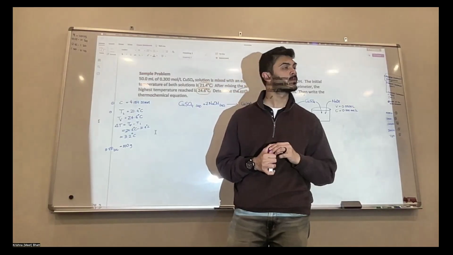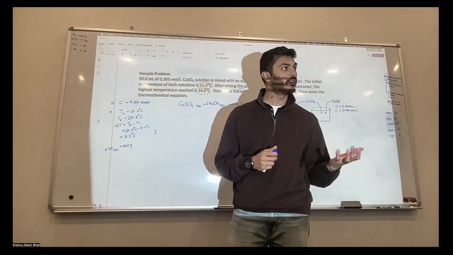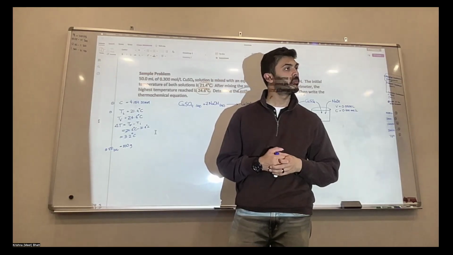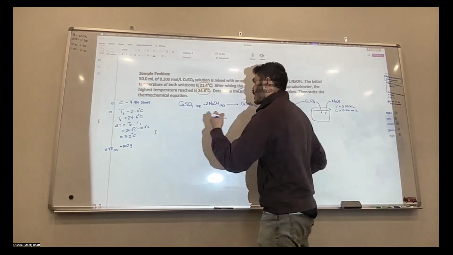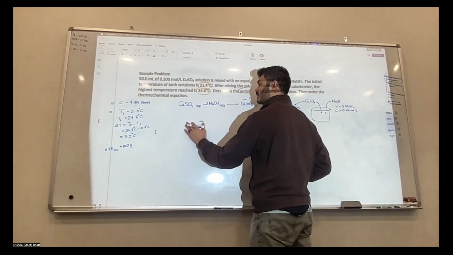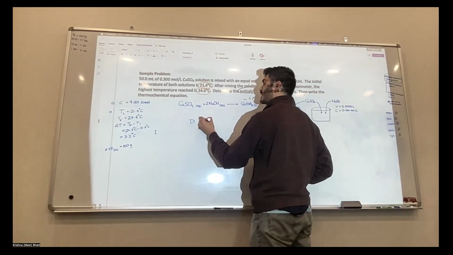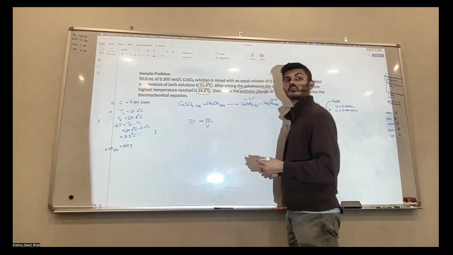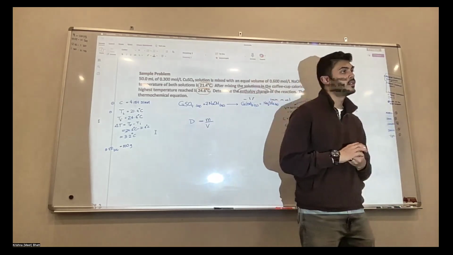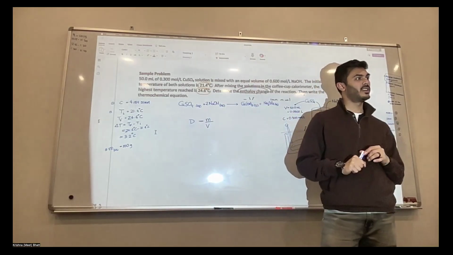Can't you find the density by dividing mass over volume? You're not wrong. But what am I looking for over here? So tell me this.